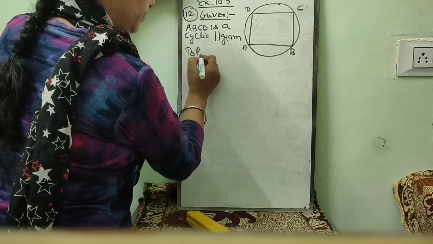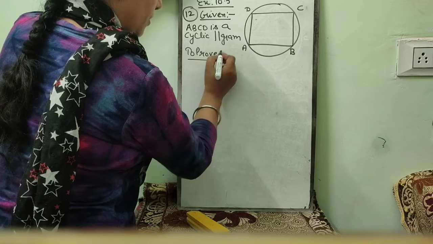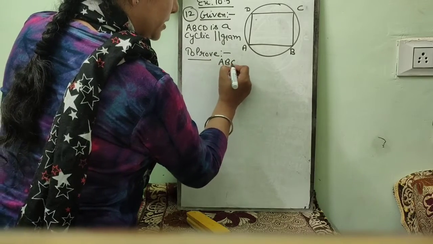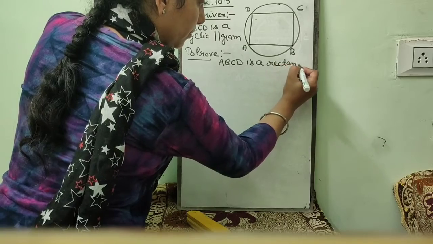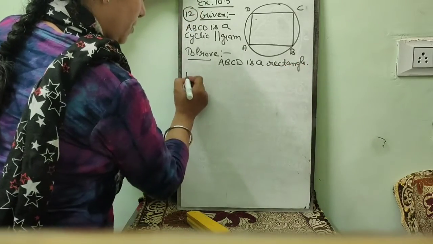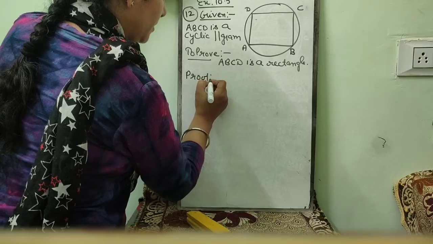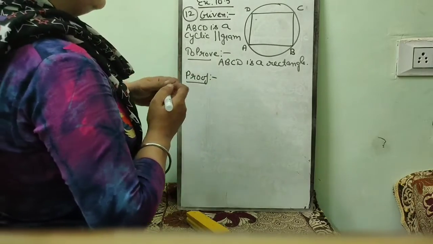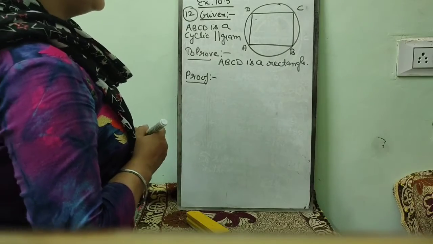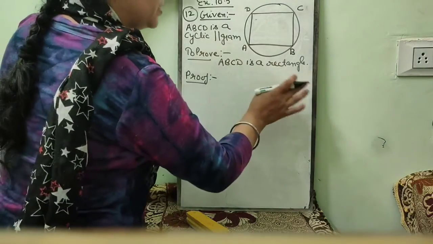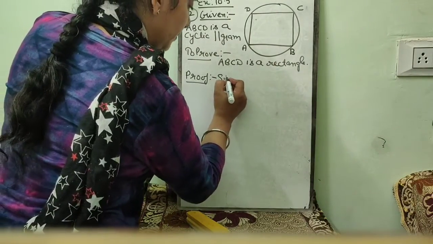To prove ABCD is a rectangle. When will it be a rectangle? If the angle at any one of the vertices is 90 degrees. Clear?